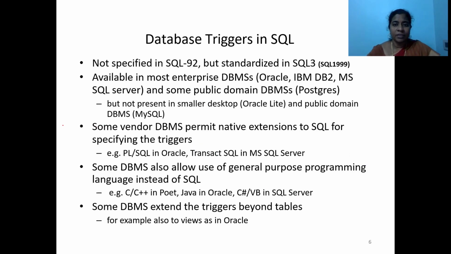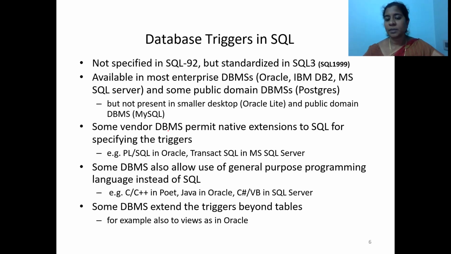Now, database triggers in SQL are not specified in SQL-92, but they are standardized in SQL:1999. They are available in most enterprise DBMS, Oracle, IBM DB2, MS SQL Server, and some public domain database management systems like Postgres, but not present in smaller desktop systems like Oracle Lite or public domain DBMS like MySQL.